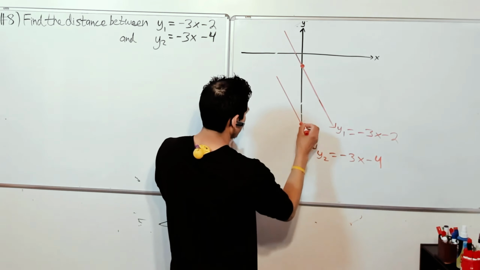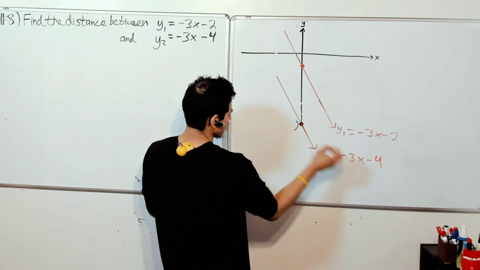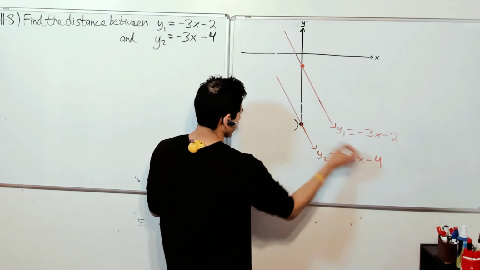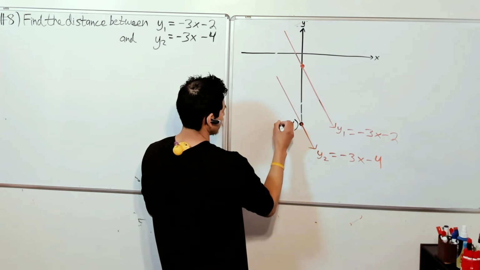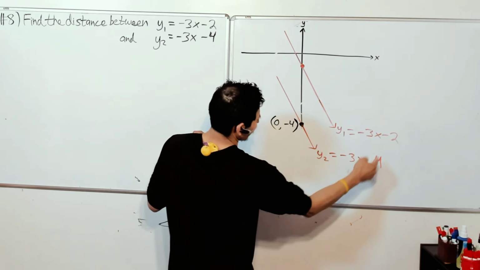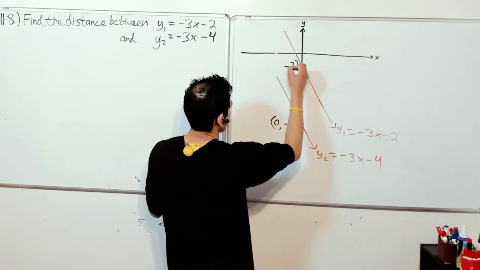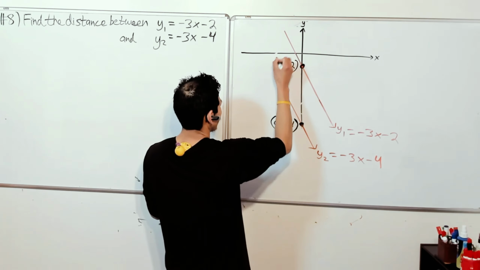And let's highlight the key points it goes through. So it goes through this point because the y-intercept is -4. Well, I didn't write the numbers yet, but it's going to go through the point 0, -4 because that's the y-intercept. This one's going to go through the point 0, -2. Not drawn to scale, as you can tell.